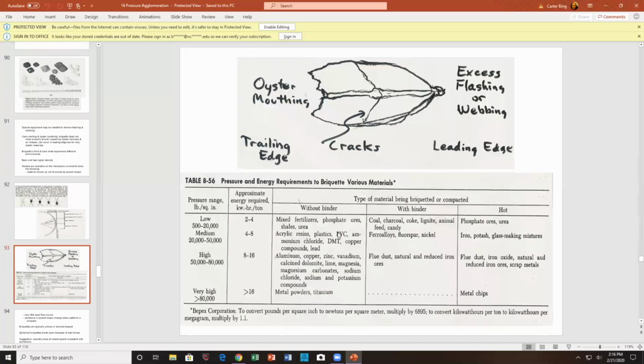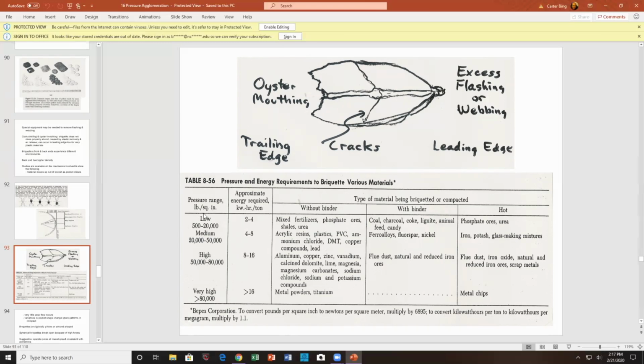By the way, here's some material that has been briquetted. Kilowatt hours per ton: kilowatts times time is energy, so this is basically energy per ton. Pressure ranges, wow, look at that, pounds per square inch.